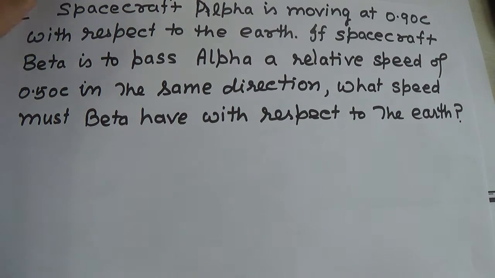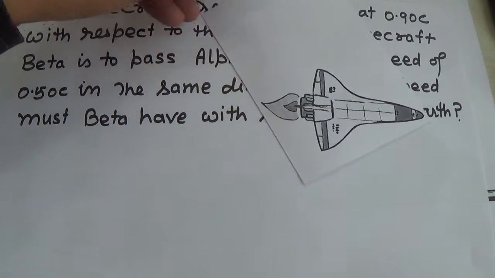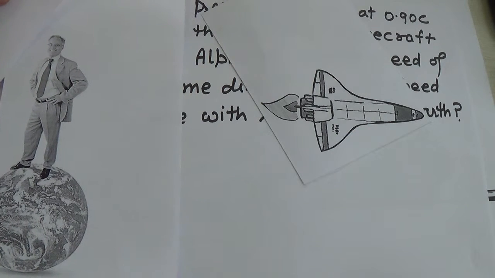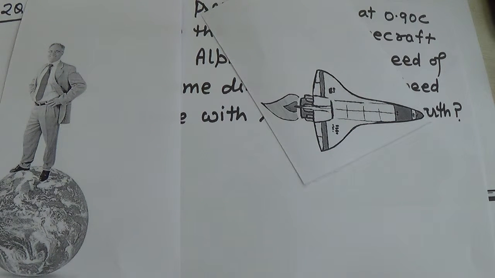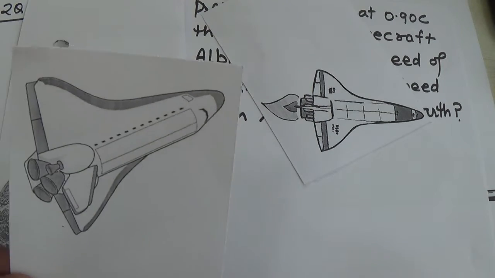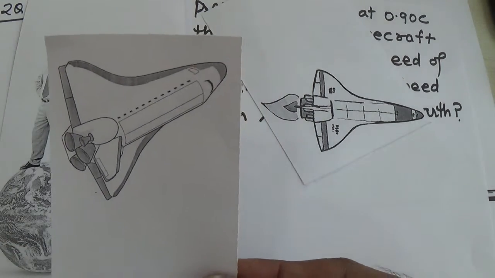So by making this picture, we have two spacecraft. This one is spacecraft alpha, moving in the forward direction, and its speed relative to someone, a person standing on the surface of the earth, is given.